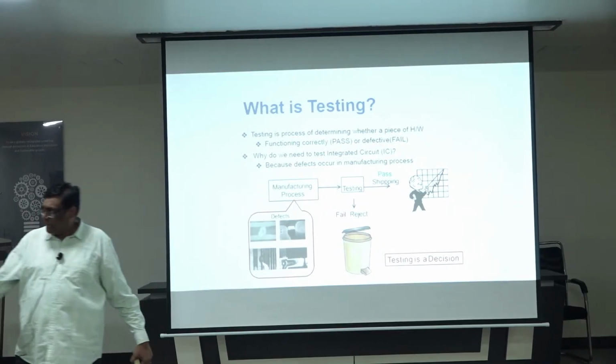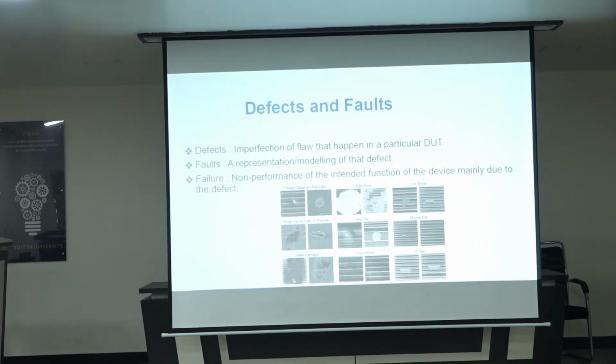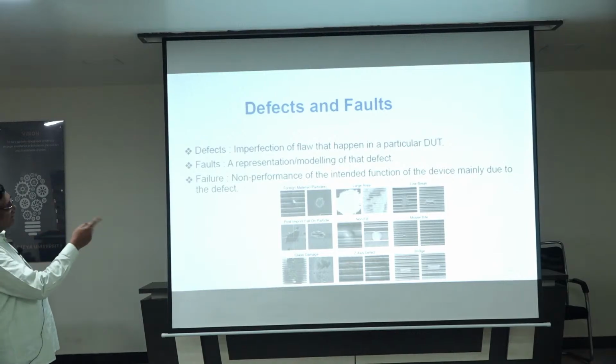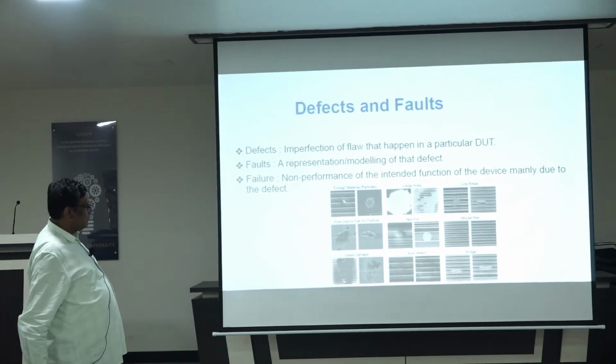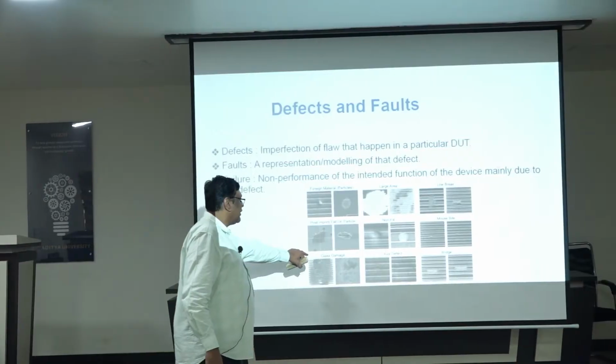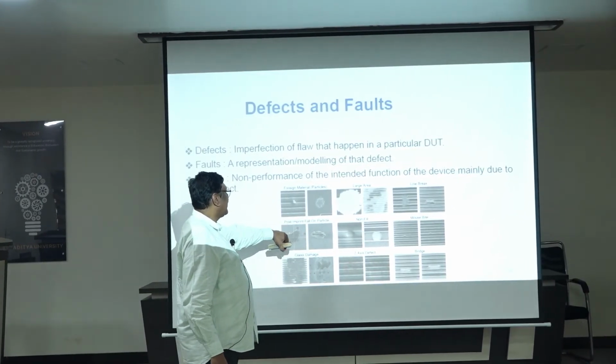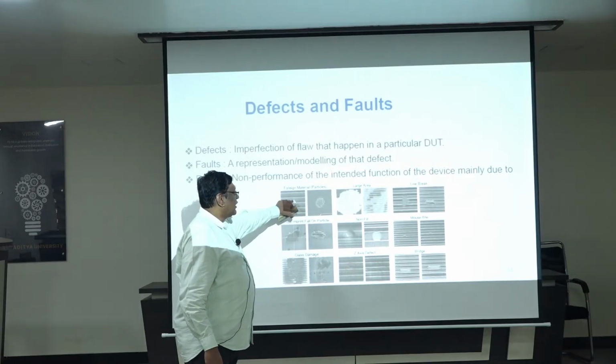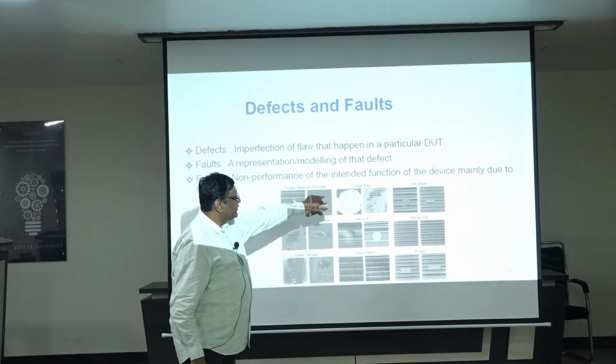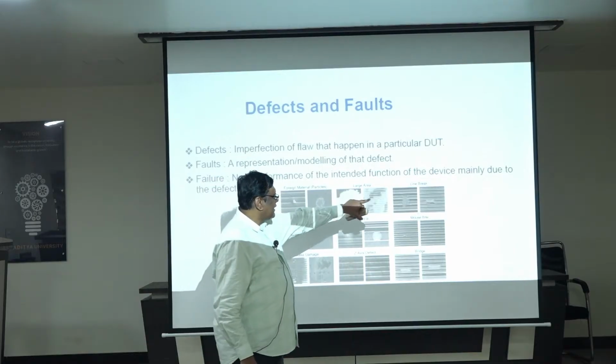Okay, then. These are the different types of defects that may happen, like glass damage, some patch has gone here, some particle has shorted here, some large portion has been affected, line breaking has happened.